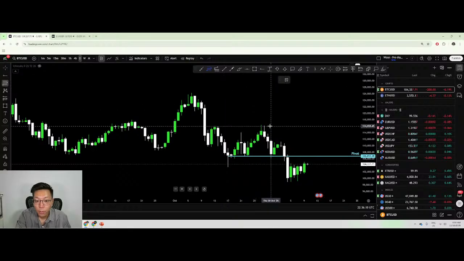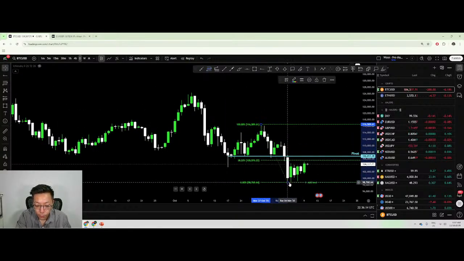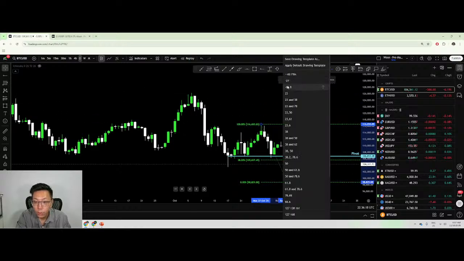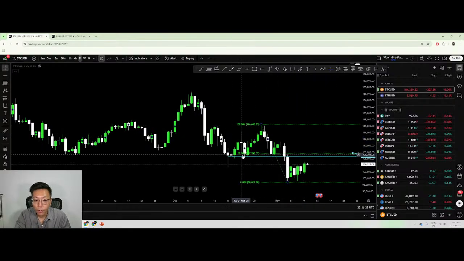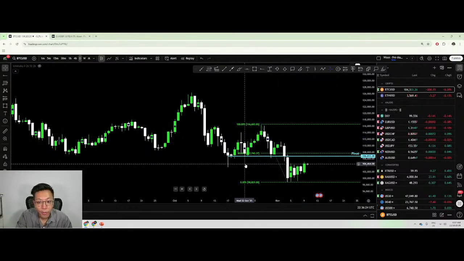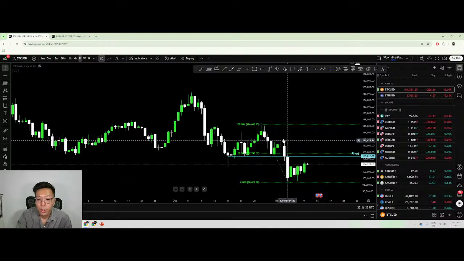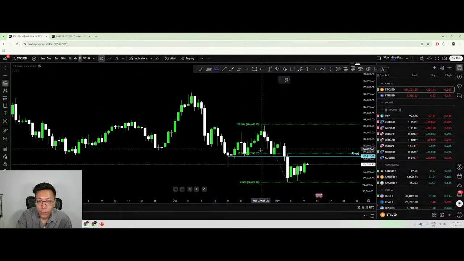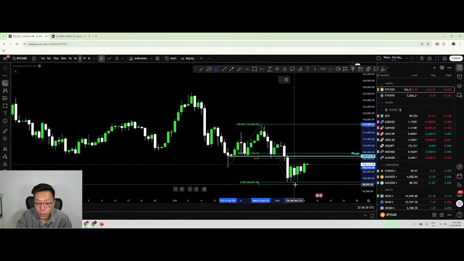Then what I could look at also is this level right over here and 50%. The 50% is slightly above our pivot point, but that's fine. We can use this as our reference. Then let me see if there is any projection.